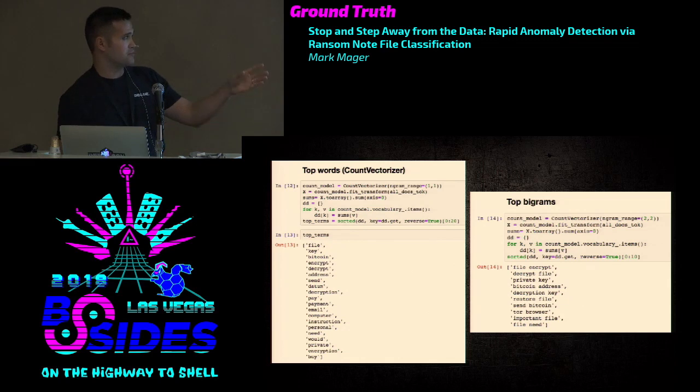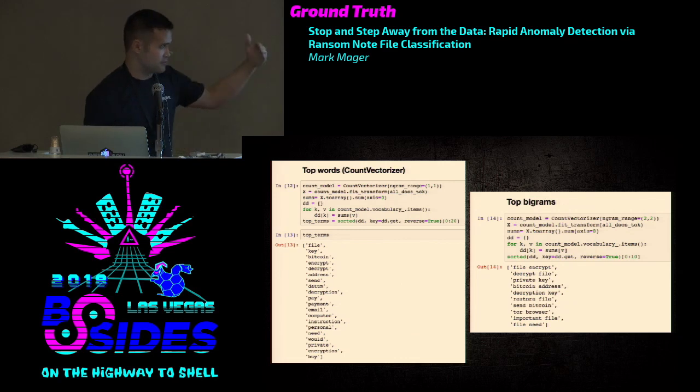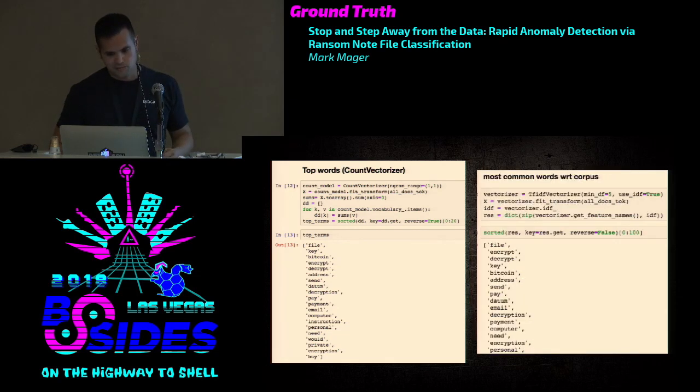And then when you break it out to bigrams, it makes a little more sense in terms of phrasing. Files are being encrypted, files are being decrypted. They want you to send in money for a private key, Bitcoin address. Things along those lines. So it gives you an idea that this language is very tightly coupled together.